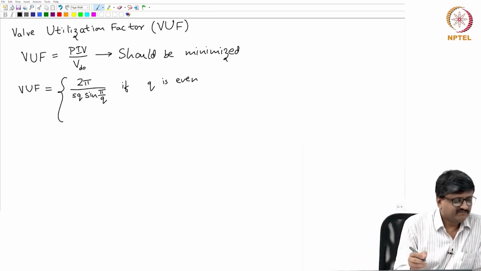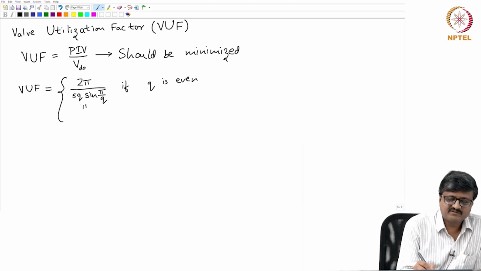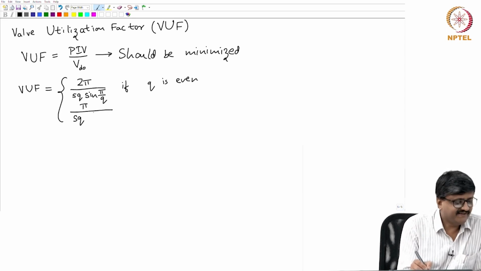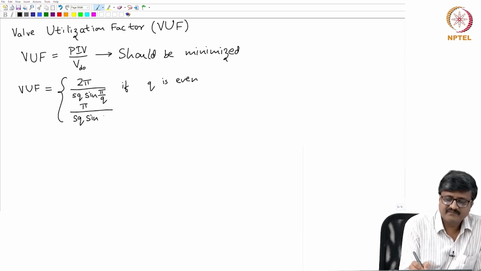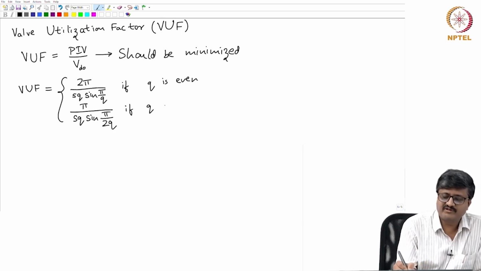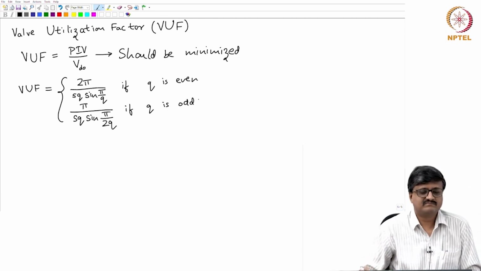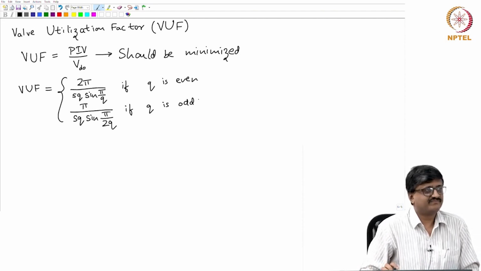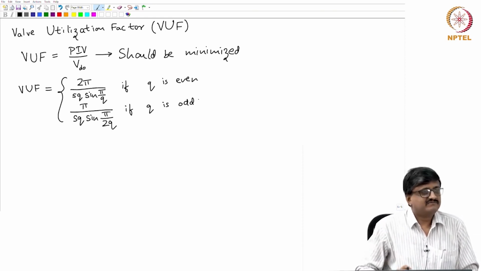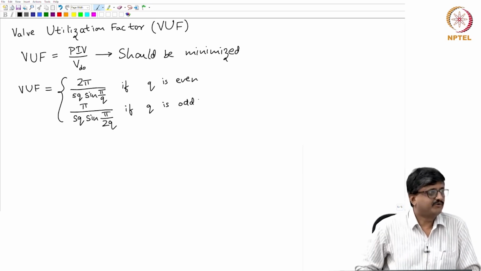If Q is odd, of course, here we need to substitute for PIV and VDO and do a small manipulation, from which we get pi by SQ sine pi by 2Q if Q is odd. Is this okay? For Q even, it was just substitution. Here just minor manipulation is required to get this.